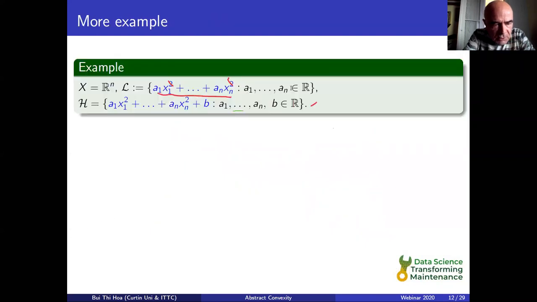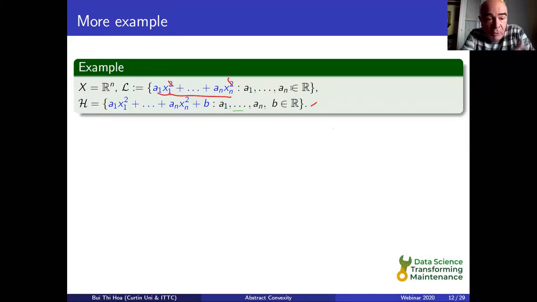If you look at these elementary functions in calligraphic H, each of them is even with respect to each variable. I mean, if you change x_i with minus x_i, then the function does not change.